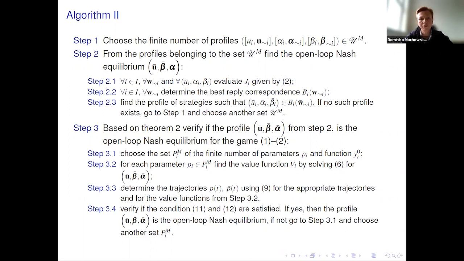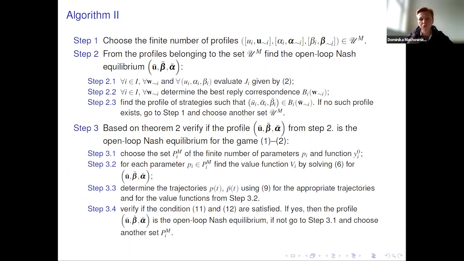And after, in the second step, for each player and for each opponent strategy, we find the best reply correspondence. And in the next step, we find the profile of strategies such that UI bar, alpha bar, and beta bar belong to the best reply correspondence. This is the classical definition of the Nash Equilibrium. And if we find it, we are lucky.